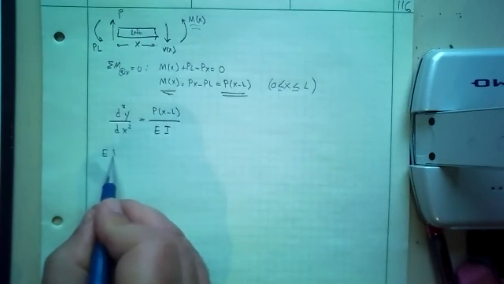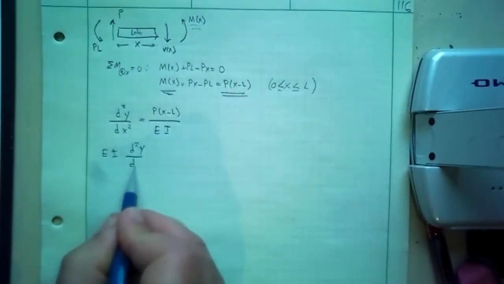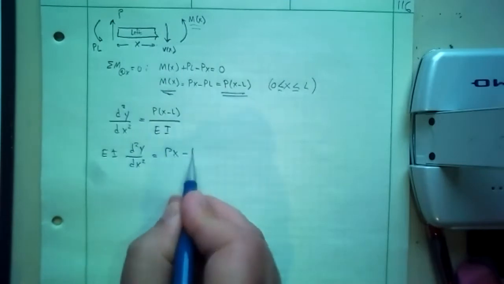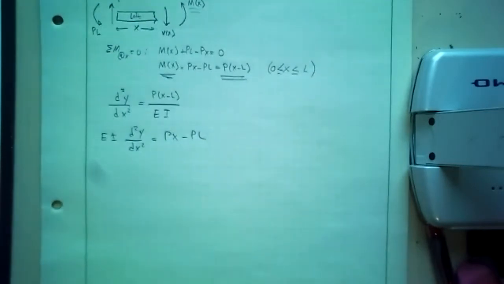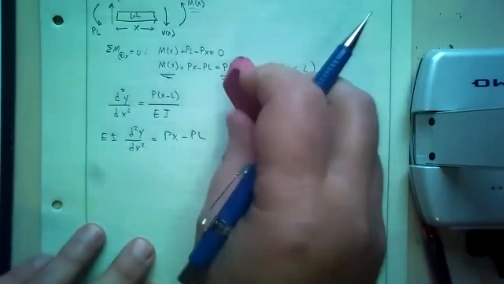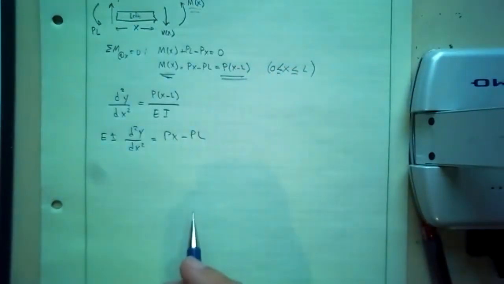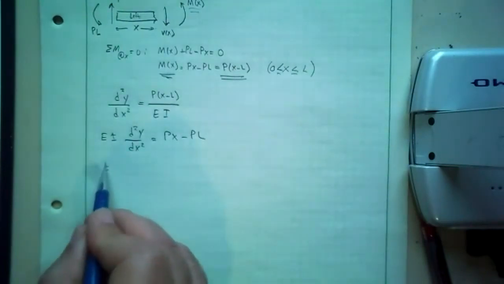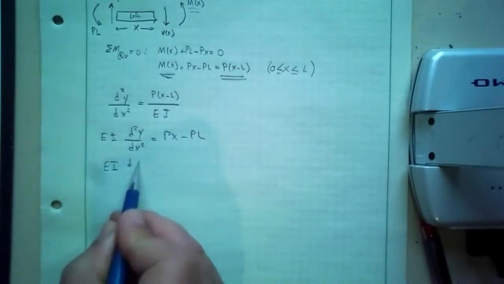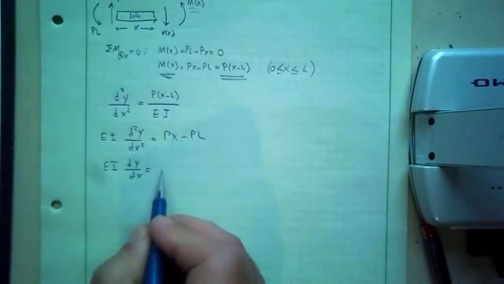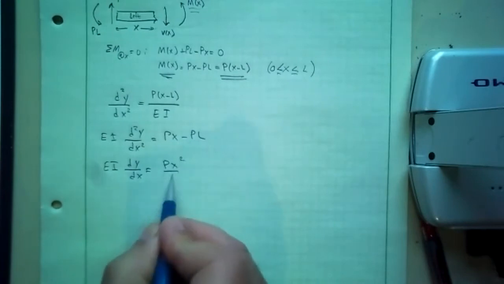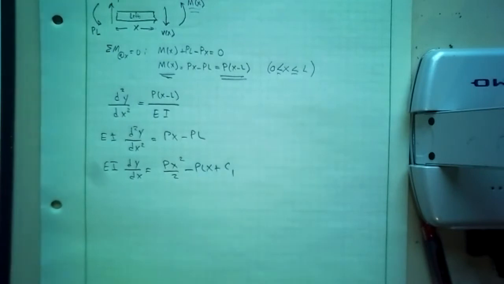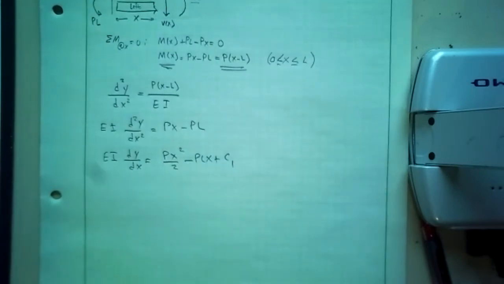I'll have EI d squared y dx squared is equal to, I'm going to rewrite this, Px minus PL. I guess I should have never factored out P, but that's okay. So now I'm going to integrate with respect to x. So I have EI dy dx is equal to Px squared over 2 minus PLx plus c1.